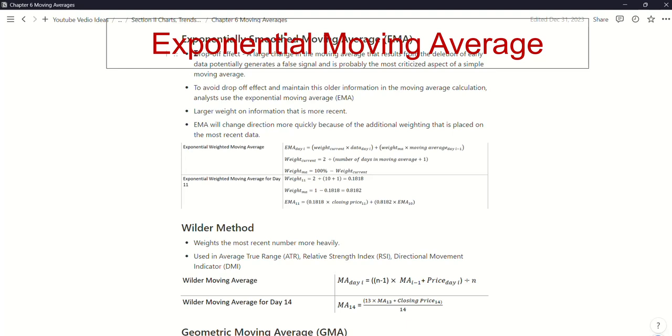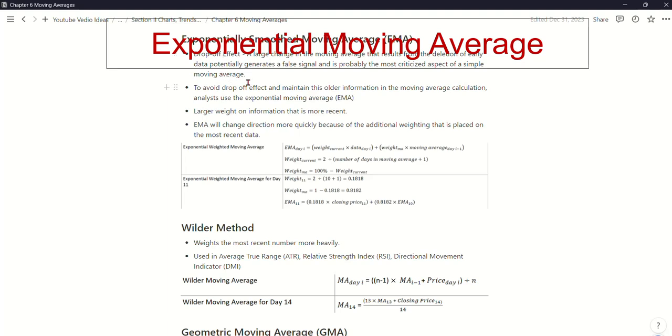If we are calculating the 10-day SMA for day 15, the closing prices from day 6 to day 15 will be considered. All the previous closing prices are ignored. It may have a negative impact, which is called the drop off effect.